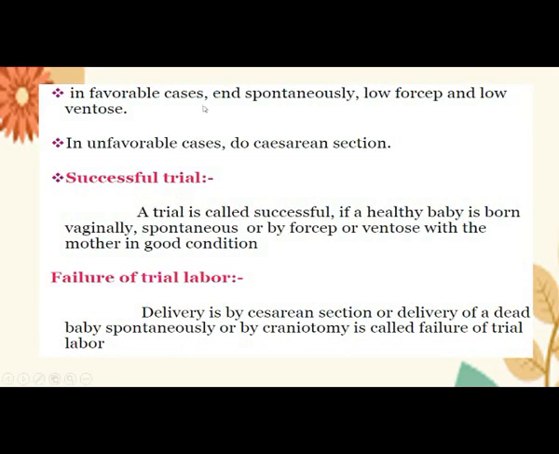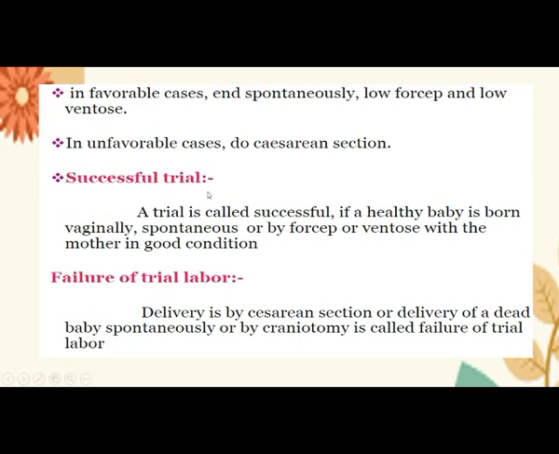In favorable cases, labor ends spontaneously, or with low forceps or low ventouse. Favorable cases are those where the trial labor is progressing properly, ending with forceps delivery or ventouse. In unfavorable cases, we may watch for a long time, but it does not end properly; there may be fetal distress, cord prolapse or meconium-stained liquor, so we may go for cesarean section.